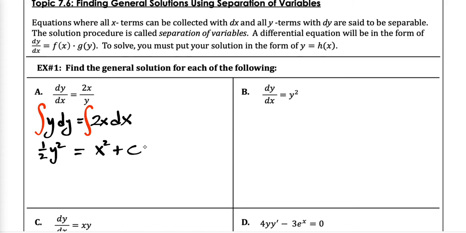All right. Well, this is technically the general solution, but you generally try to solve for y if you can. So I would multiply everything by 2. And then I do multiply the c by 2, but any kind of a numeric operation on c just stays c. I'm not going to finish solving this one because if I solve, then I would have to have a plus and minus.